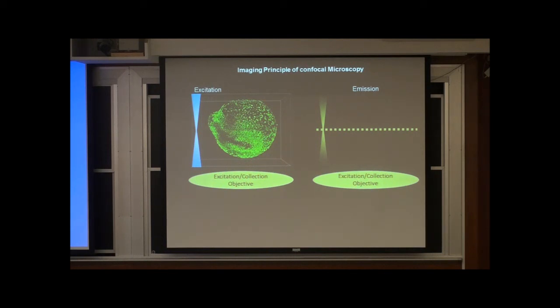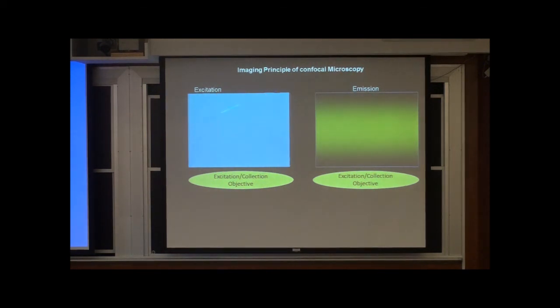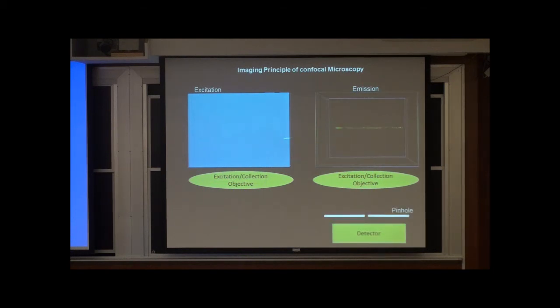Now you scan the point and go point by point over the whole thing, and ultimately you photobleach not only this plane, you photobleach the whole area. All the planes contribute by photobleaching, and emission also comes from all the planes. Although you use a pinhole to visualize only a thin part, you are still photobleaching all the planes, particularly when you are seeing a larger section of the tissue.